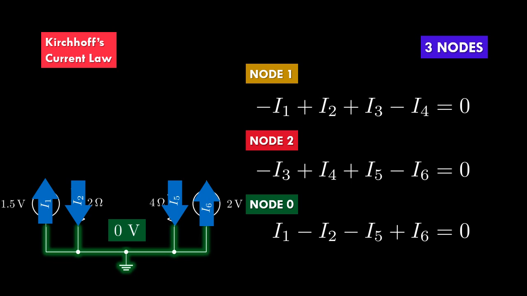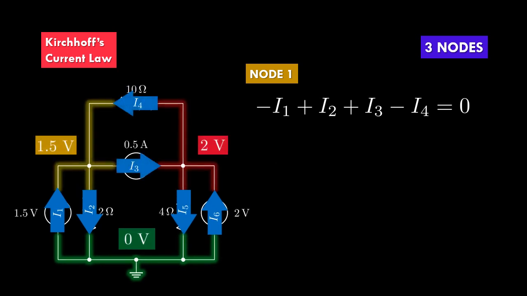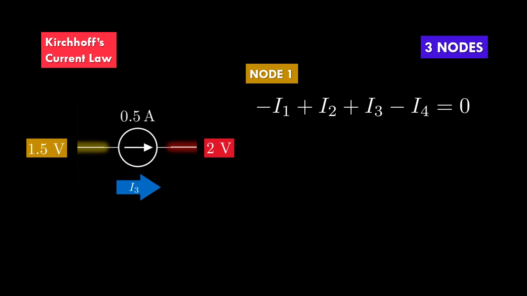Now, how do we figure out the currents from these node equations? Let's focus on just one equation. Remember, node equations aren't the only equations in our hand. For example, this current source will directly give us the value of current from its component equation. That's a more complicated way to say than it actually is. You can just see that the current will be 0.5 amperes from just the figure.